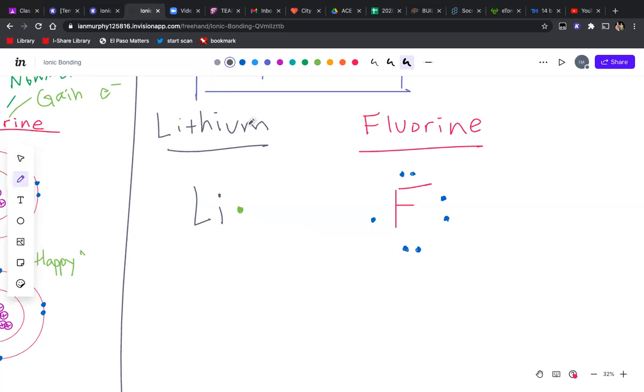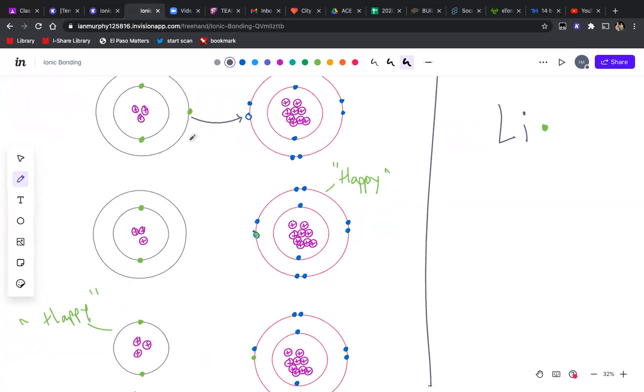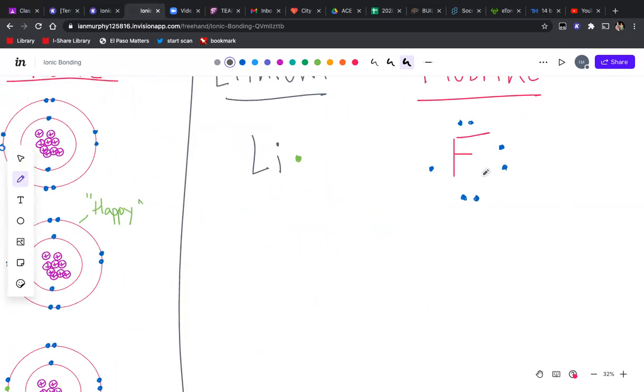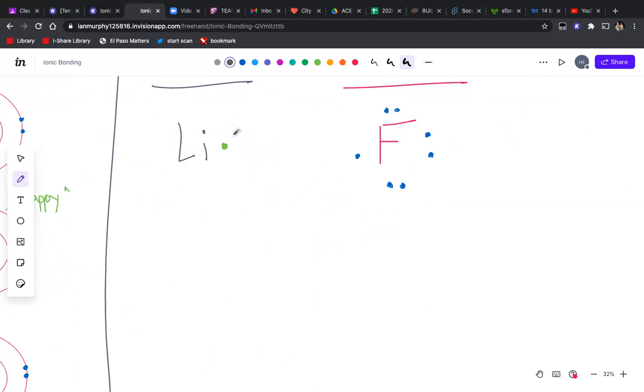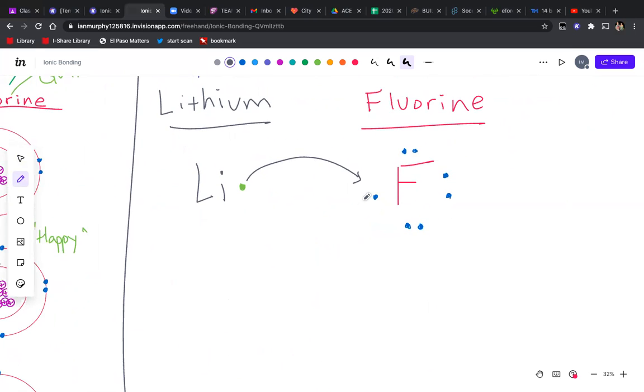Lithium is a metal, has a low ionization energy. It's willing to give up electrons. Fluorine has a high ionization energy, and it's willing to accept or gain electrons, right? And so similar to what happened over here, we're going to show the same thing. So lithium takes this 1 electron and gives it away to fluorine.